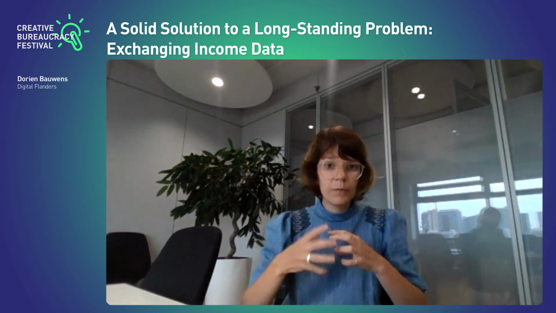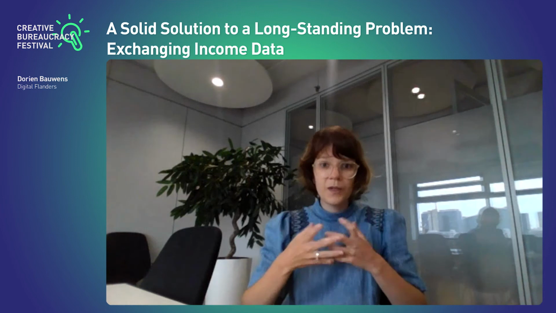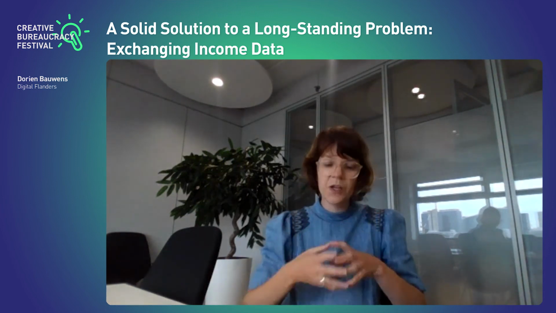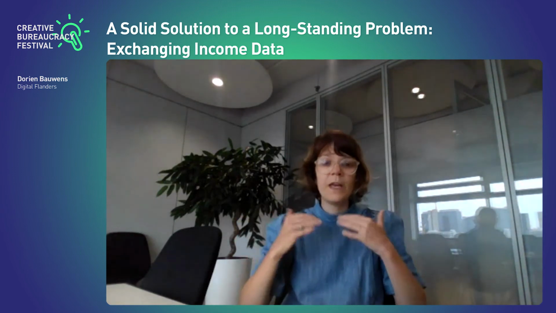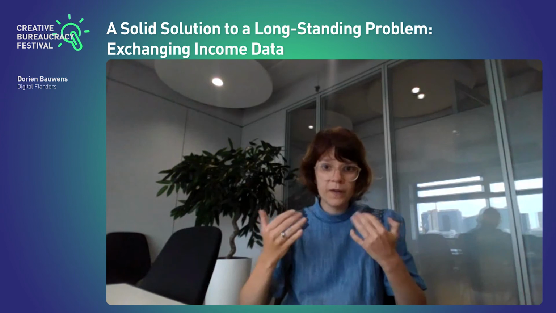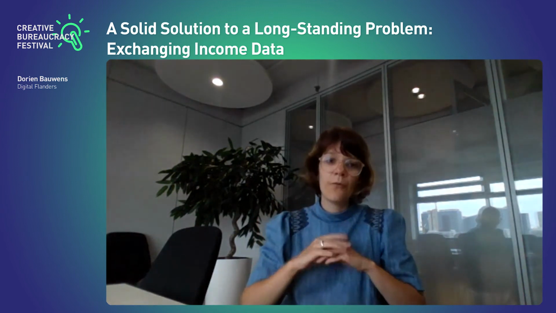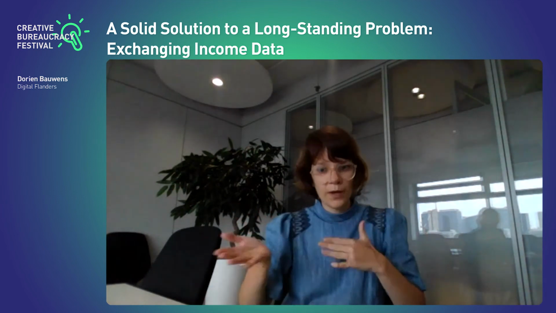It's close to the government, but it's not government. The goal of the data utility company is to make sure that there is more data exchange within sectors, but also between sectors. So it aims to be a neutral party in between ecosystems for more data exchange. Governmental data, but also private data.